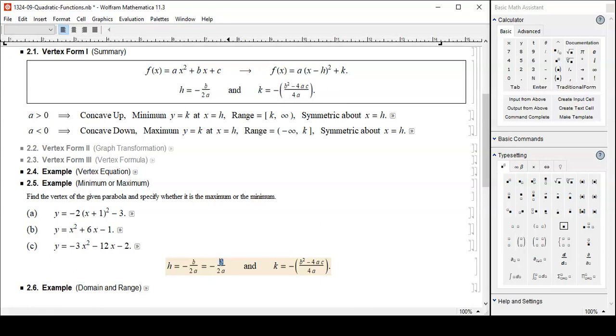So what's B? -12 and the -3. So this whole thing is, let's see, negative, another negative, so overall negative, we get 12 over 6. I think that's right. So H is -2, and how about the K value?